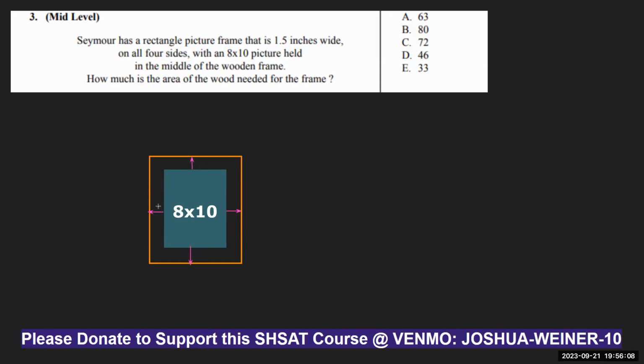So what I'll do is slide those arrows all the way to the top on the left and right, and then all the way to the corners, like a picture frame maker would.